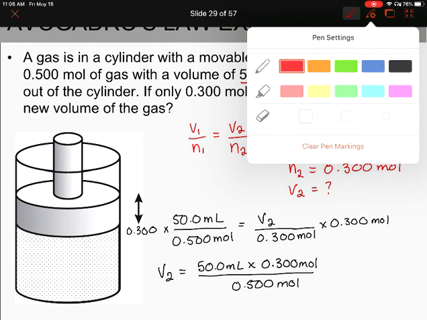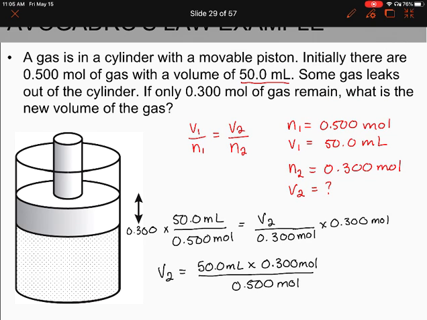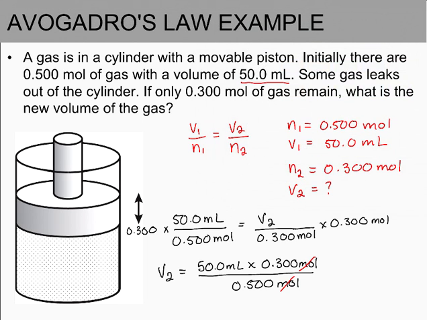So if we cancel units, we can see that moles will cancel and we'll be left with milliliters, which is good because we're calculating a volume. And when we plug this into our calculator, we should get a value of 30 milliliters.